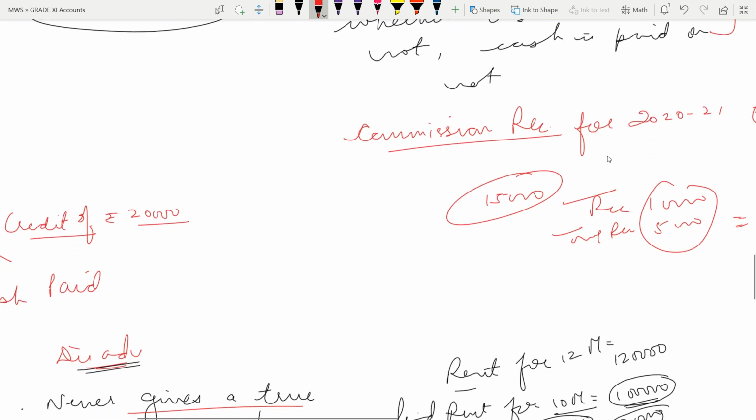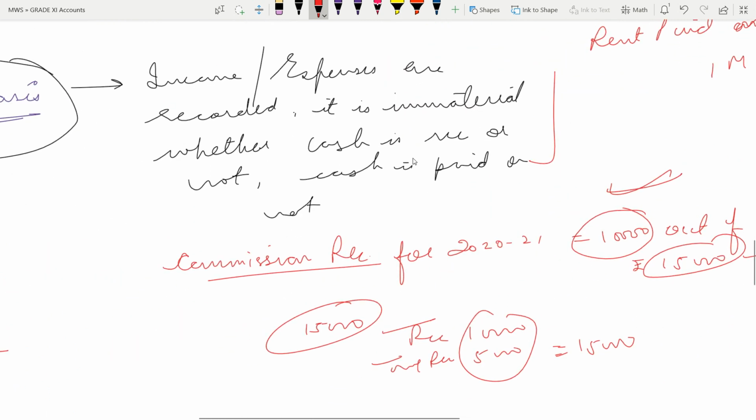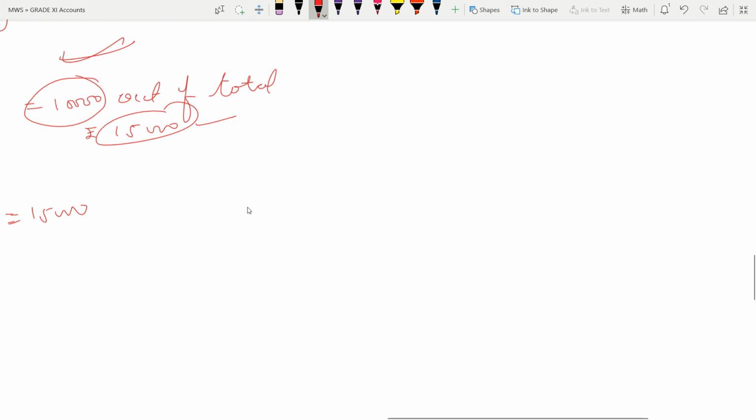After this we can go for the advantages and disadvantages. For accrual basis of accounting, first of all, what are the advantages? As the disadvantage of cash basis is the advantage of accrual basis, because in the disadvantage of cash basis we have written it is not giving us the true picture of profit and loss.